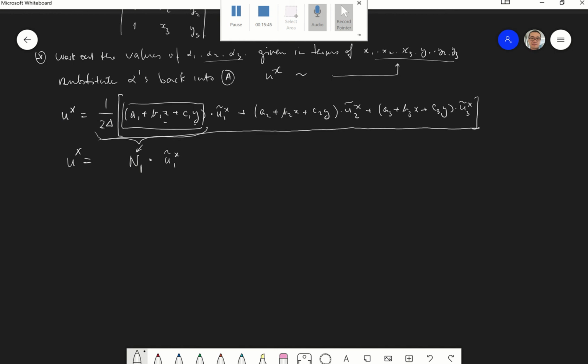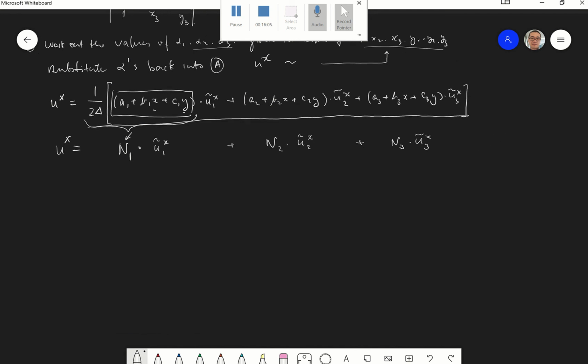So this is n1, and similarly you can write this as n2 times u2x, and this is n3 times u3x, where here n(i) equals 1/2 delta times (ai plus bi x plus ci y), where i equals 1, 2, and 3. I think this simplifies things a little bit.